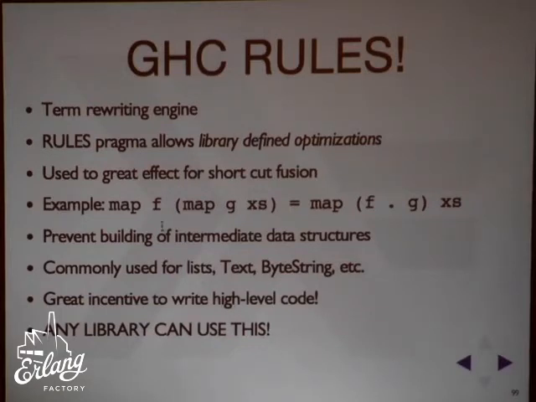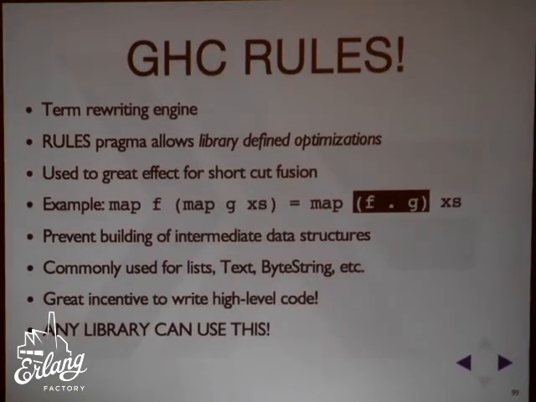So I can say, for example, if I map the result of a map, I really only want to traverse that list once. So I can write a rule that says, instead of mapping a map, just compose the functions together and do one map. And it turns out that they already wrote this rule, and this is kind of why they implemented this pragma to begin with.